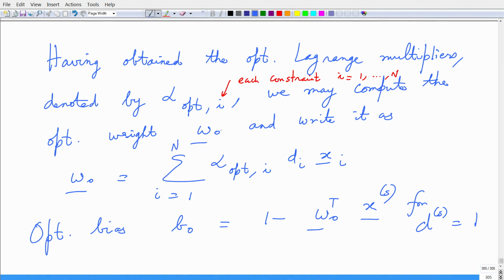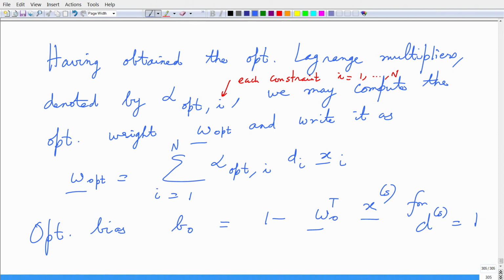I will use the same notation OPT. Sometimes I may use just O or sometimes OPT, so the reader can figure out this detail. The optimum weight is basically summation i equals 1 to n of this Lagrange multiplier times di times xi, because I just plug in alpha OPT in condition 1. Remember, W optimum is summation i equals 1 to n alpha i times di times xi, that is how I landed up.